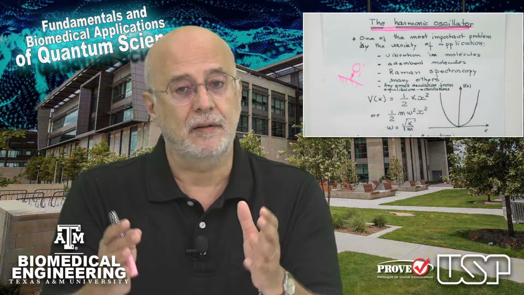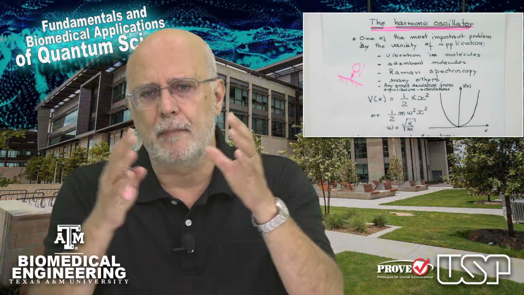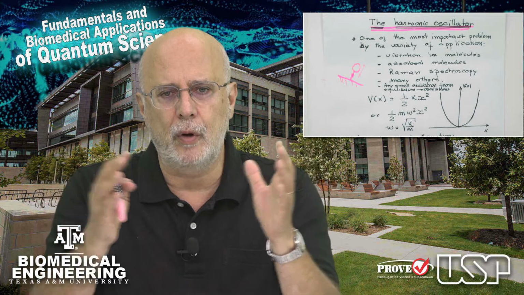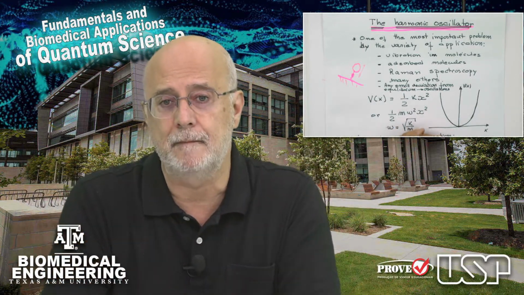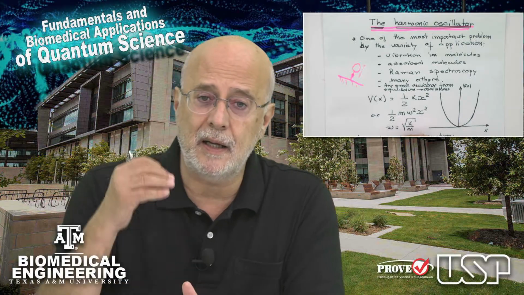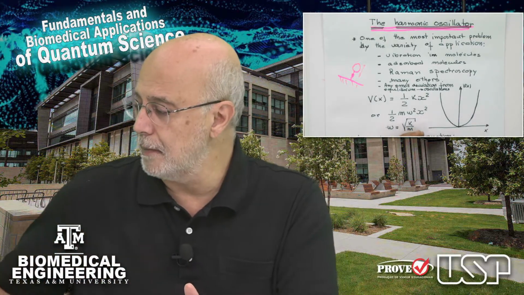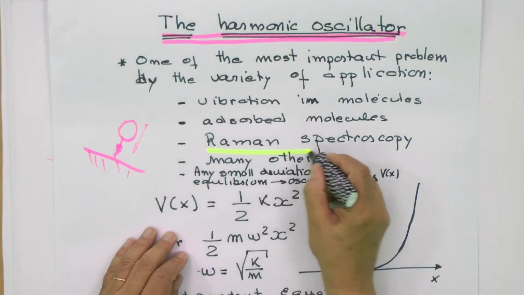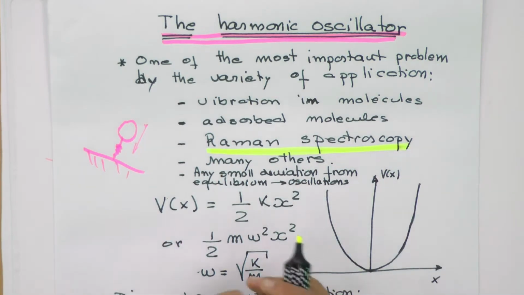Raman spectroscopy is based on many things, but especially on the vibrations. Because you're going to see that, as with everything in quantum mechanics, the energy of vibrations is quantized. So we're going to have some energy, and then another energy, and nothing in between. Those levels of vibration allow us to do Raman spectroscopy, which is an important tool in understanding many things in all types of engineering.